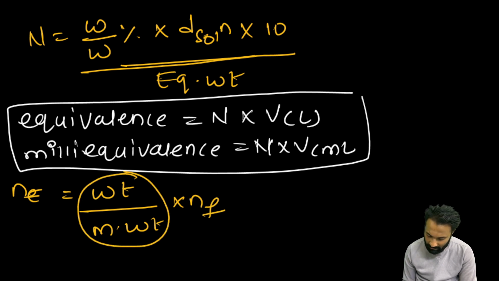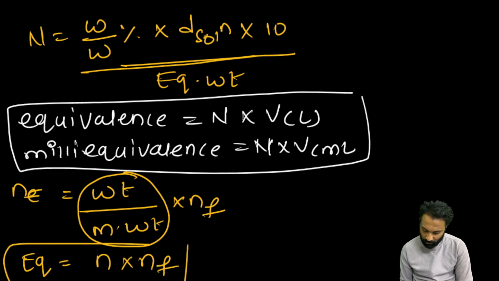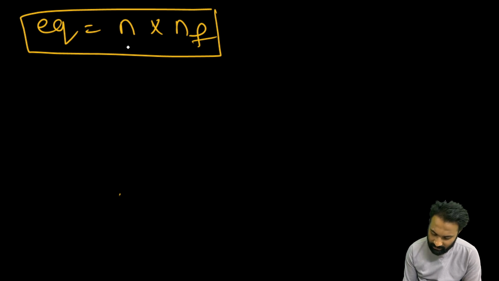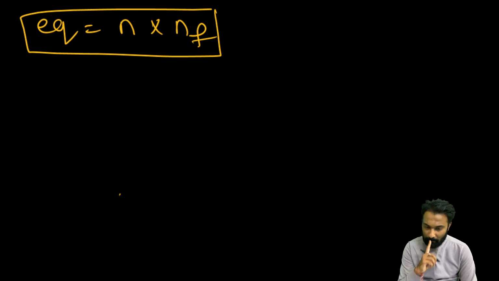Weight by molecular weight is a number of moles. So equivalence is equal to number of moles into n factor. Here you can see equivalence is equal to n into n factor we got, right?